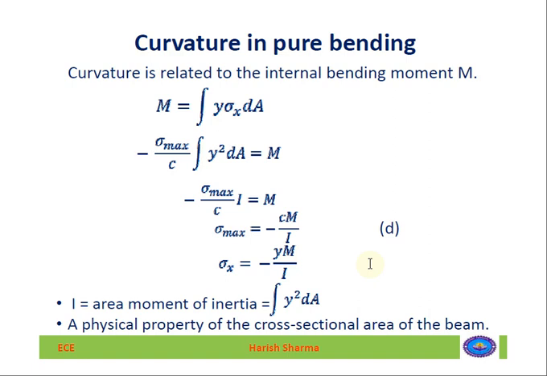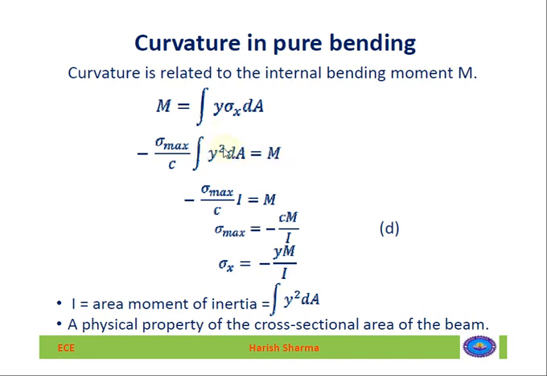M is equal to the integration of y sigma x dA. Here y into sigma is y sigma max upon C, so sigma max upon C is here, and y squared dA will come like this.